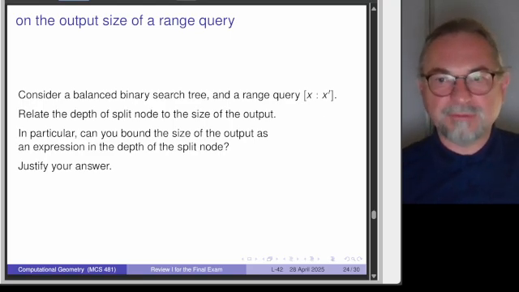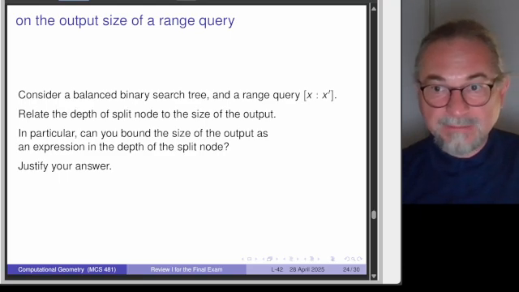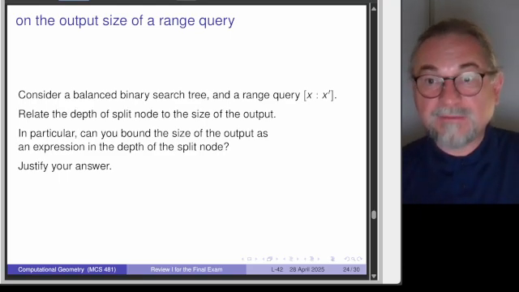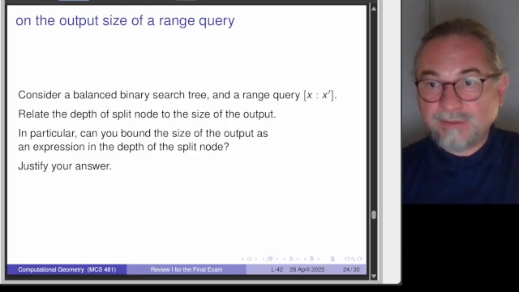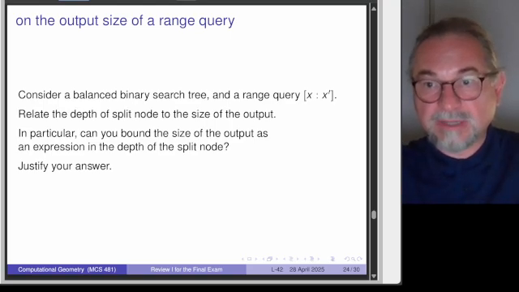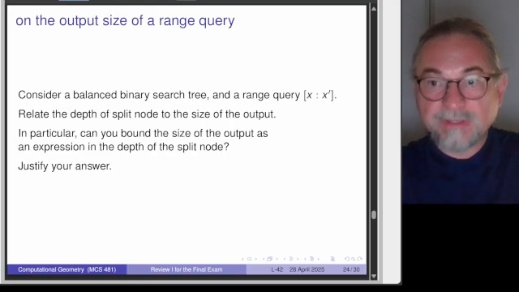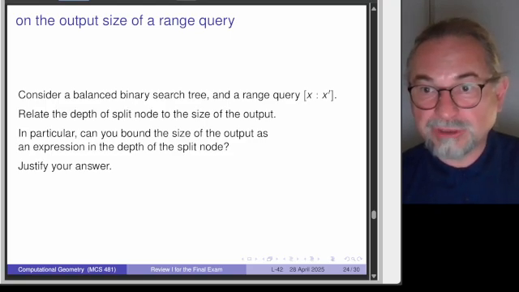So that's also what I mean by the depth of the tree. So you're going to very quickly find that split node, and you can record how many levels down you are, assuming that you know the entire depth of the tree. So can you predict something about the output size?